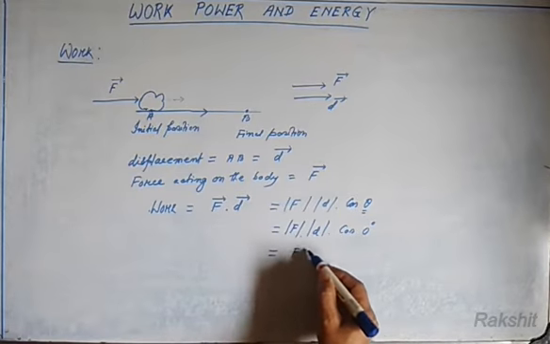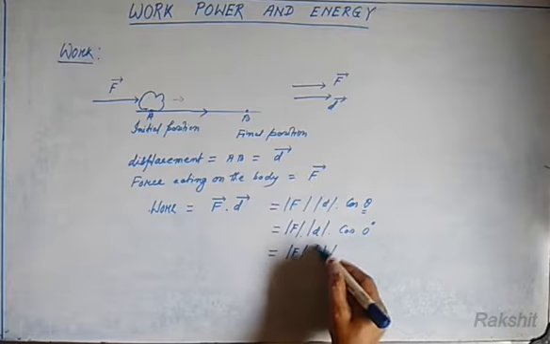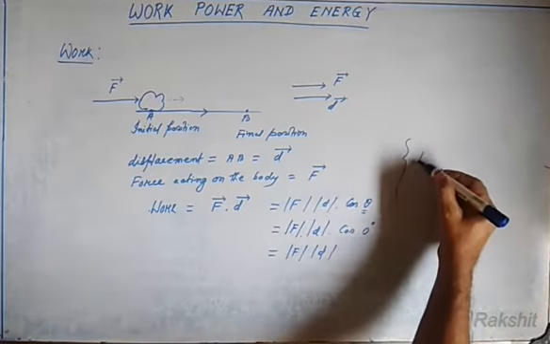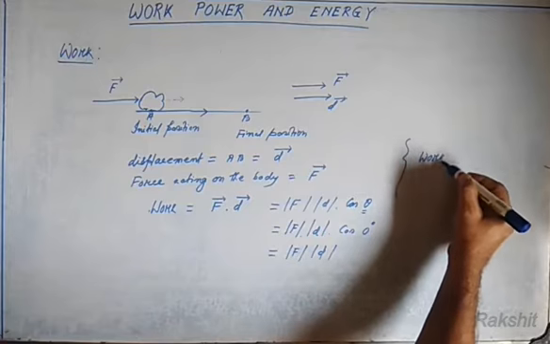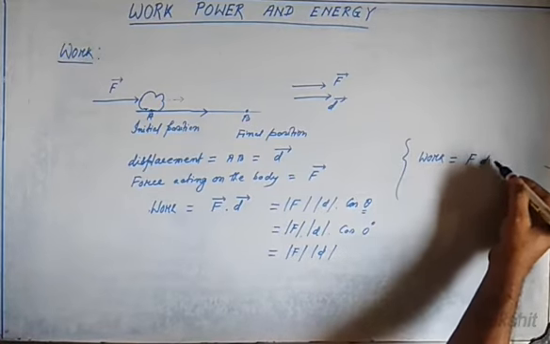So work is simply mod of F into mod of D. Work is equal to force into distance.